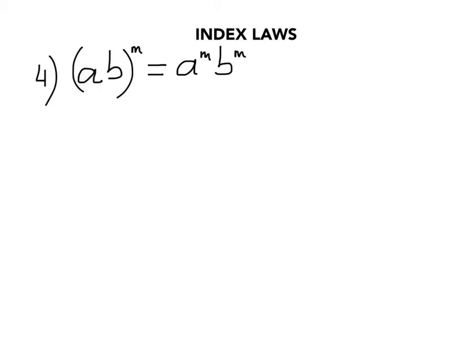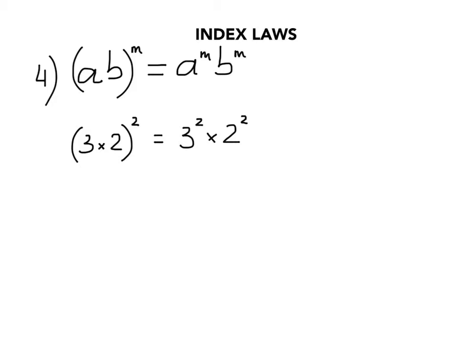The fourth case is a little different. We are looking at the multiplication of two different numbers. The product of these two numbers is raised to a power. Now the result will be the product of the first number raised to that exponent times the second number raised to the same exponent.